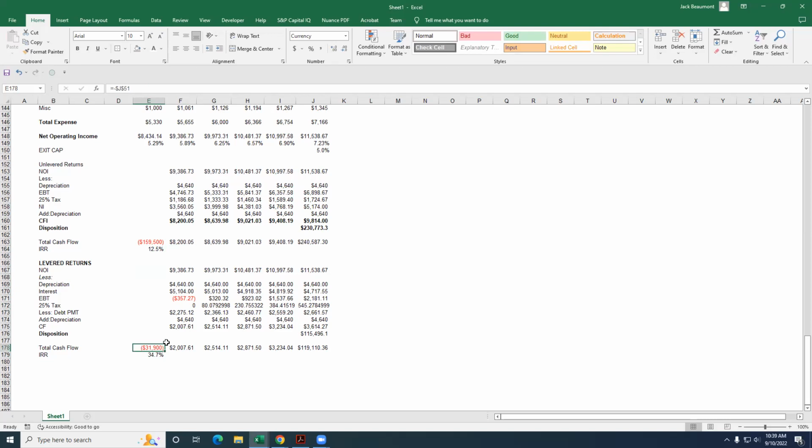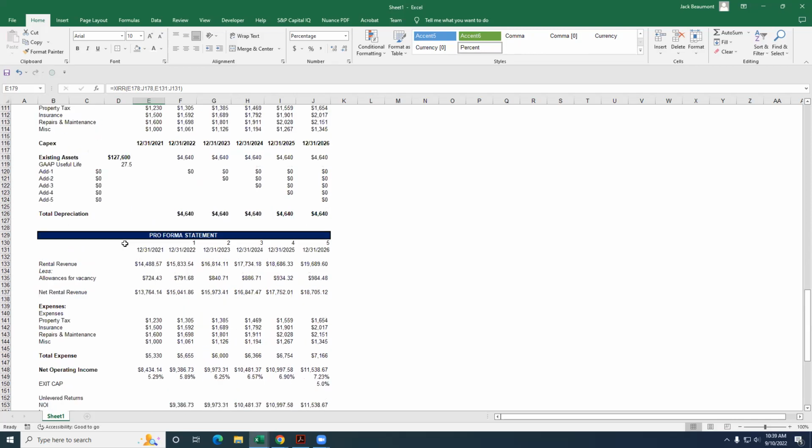Debt's also a cheaper cost. Equity holders are most likely going to require a lot higher than a 4% return, because that's what we assumed as our interest rate on debt. So this is why debt creates such a higher return here.